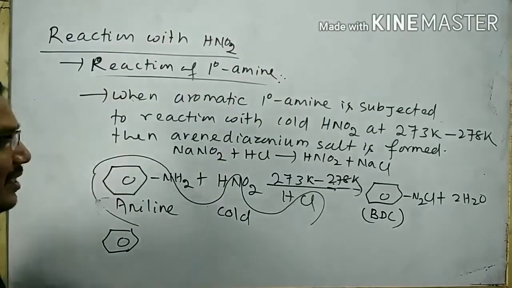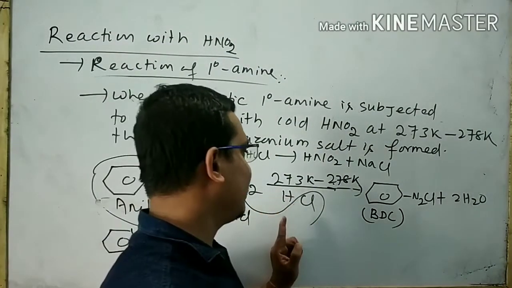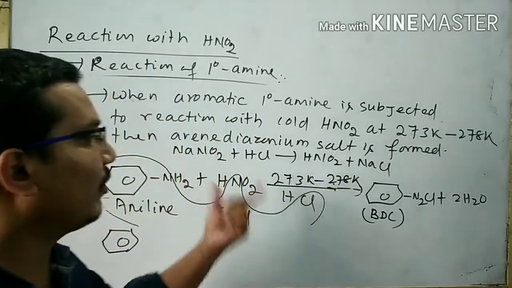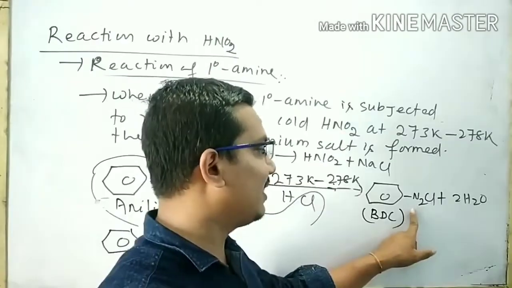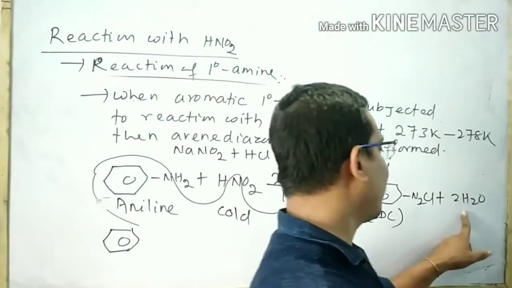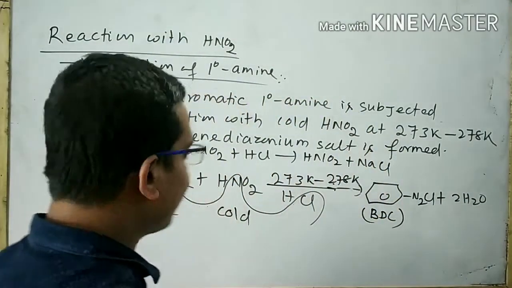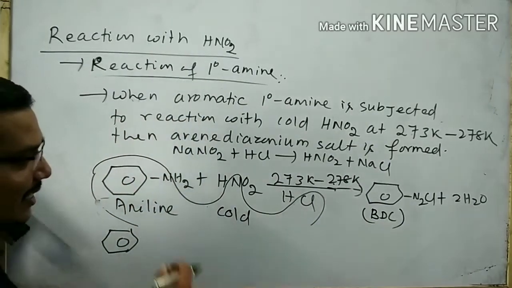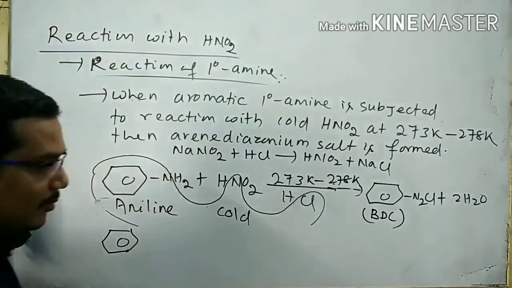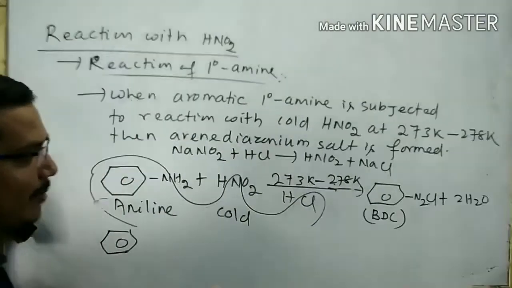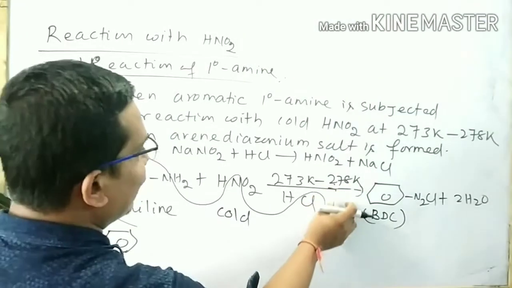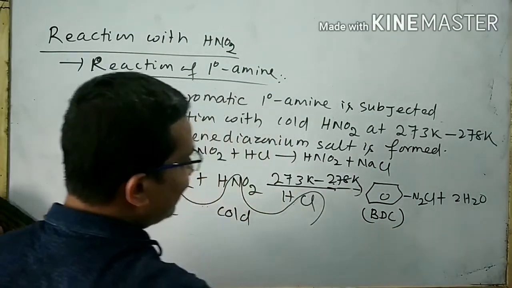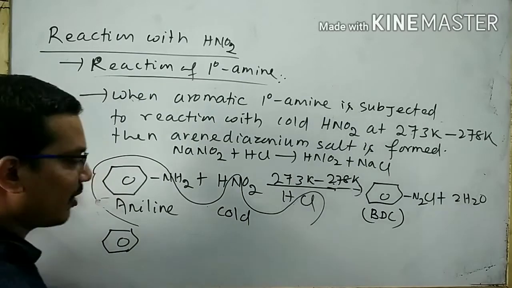So remember, this reaction is only carried out at 273 Kelvin to 278 Kelvin. If the temperature rises, then the product BDC again reacts with the byproduct water to form phenol. So it is a highly temperature sensitive reaction.